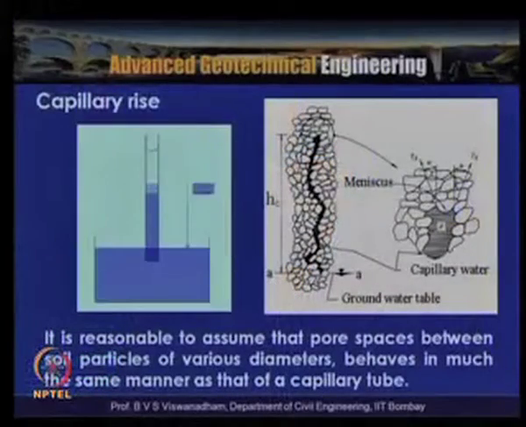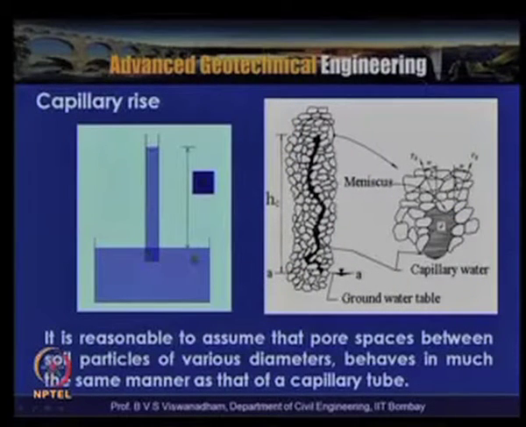So in capillary rise, what we said is that it is a phenomenon where water can rise in the zone of complete saturation above the groundwater table. Here this is the real path of the capillary, and at this point what you can see is that these are the surface tension forces which are acting in pulling the water against gravity.